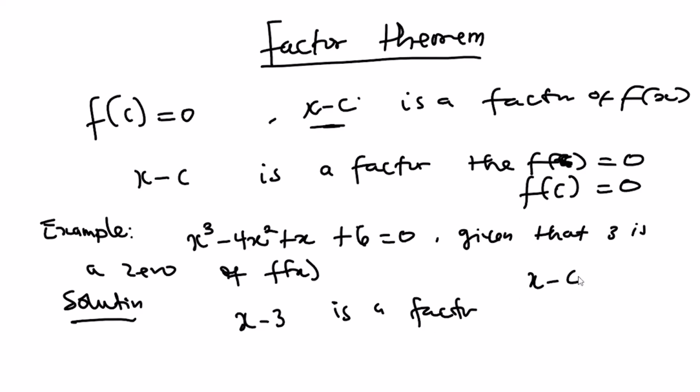If c here is a zero of that polynomial, then x minus c is a factor. So if it is a factor, when we use this to divide this, we are supposed to get the remainder to be what? 0. So let's find out by using the synthetic method.